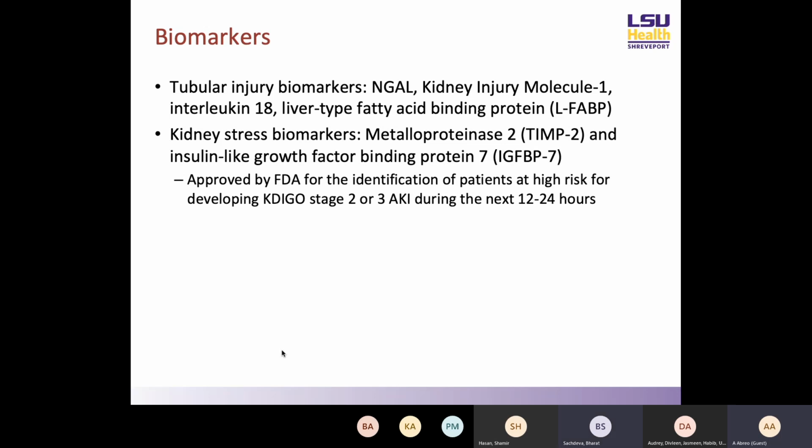Just to chime in on that, Dr. Scott, he's one of the critical care guys here. The NephroCheck has been approved only in the critical care setting. And Dr. Scott is really interested in running a study here. He has a grand round scheduled for, I think, August, where he's going to go over the design of that study and include certain patients and define them and compare the outcomes on those patients.